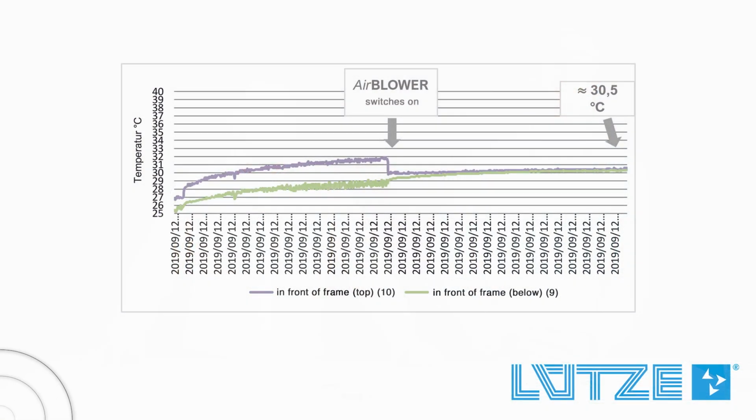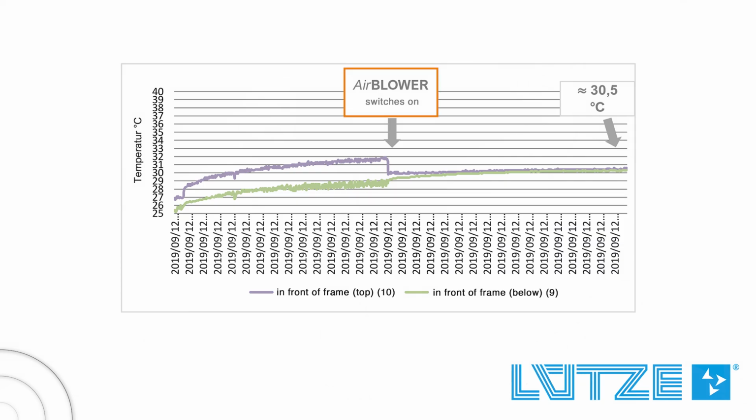In this diagram, you can see the temperature over a multi-hour measurement interval. The purple and green curves at the beginning represent temperatures at the top and bottom of the cabinet. Initially, they diverge as the cabinet heats up, resulting in some temperature spread. Eventually, a signal from one of the 3 installed PT100 sensors triggers the air blower fan.